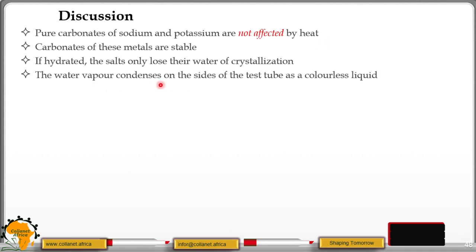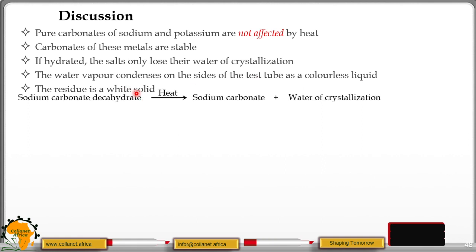The water vapor condenses on the sides of the test tube as a colorless liquid. The residue is a white solid. Sodium carbonate decahydrate, if you heat it, you get sodium carbonate plus water of crystallization. That's the chemical equation.